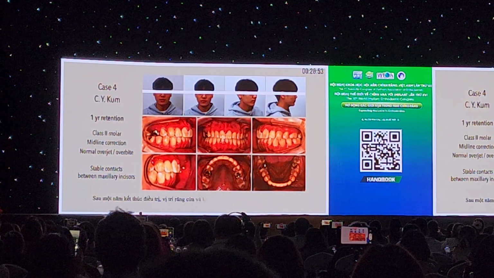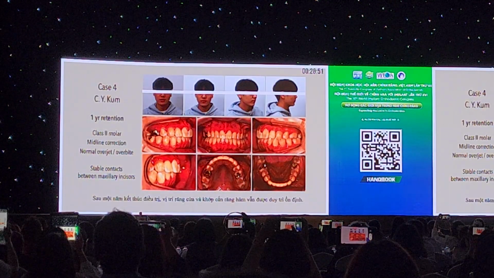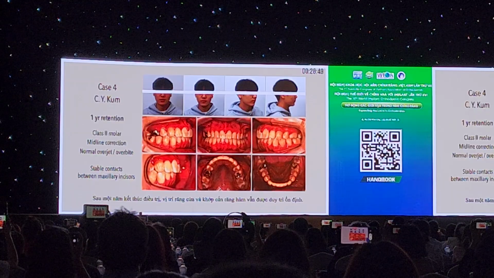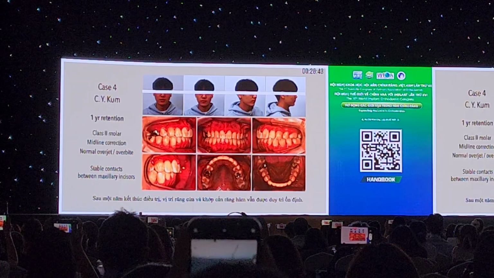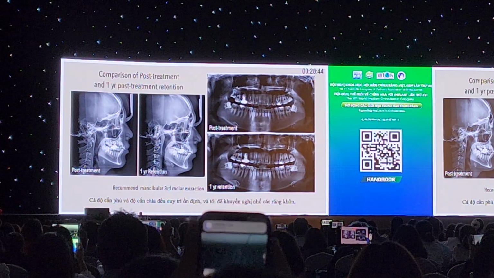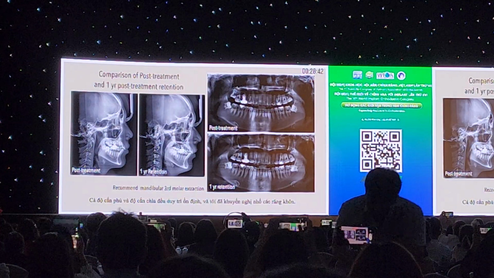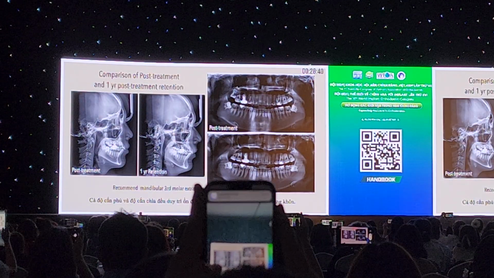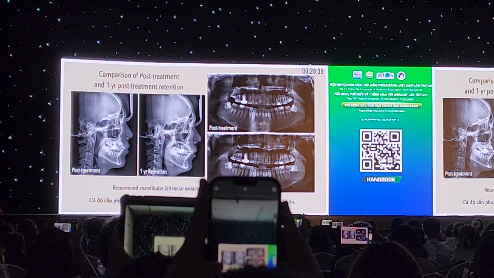At 1 year post retention, the position of the incisors and occlusion of the molars are maintained and stable. Both overjet and overbite have also remained stable, and I recommended the extraction of the third molars.